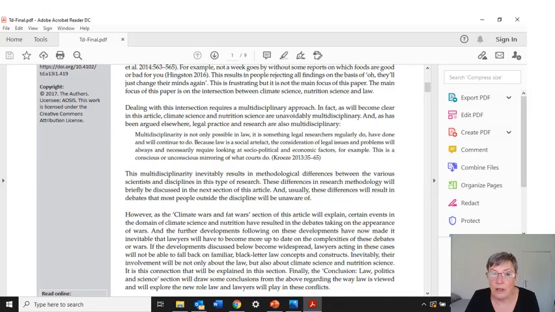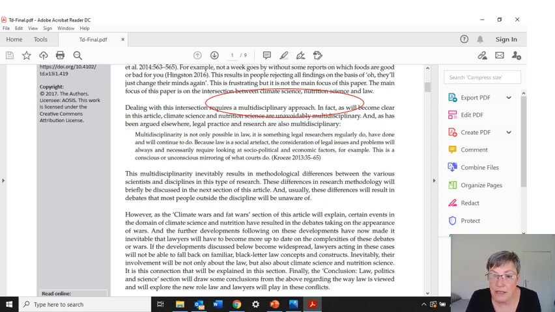Okay, now, if you then look at the introduction to the article, you will see that this tells you the background and what happens, etc., etc. But look there in the second paragraph where it says it requires a multidisciplinary approach. In other words, you already know this article is not just about law.